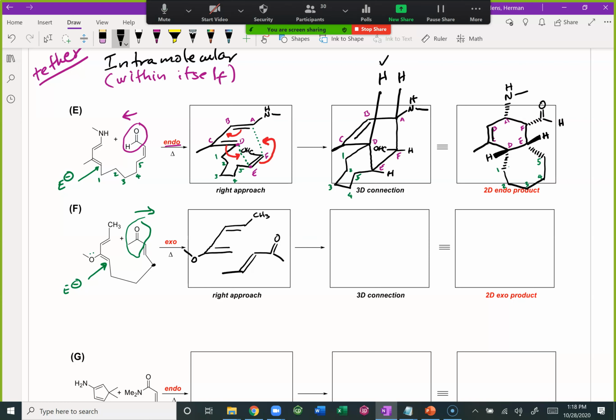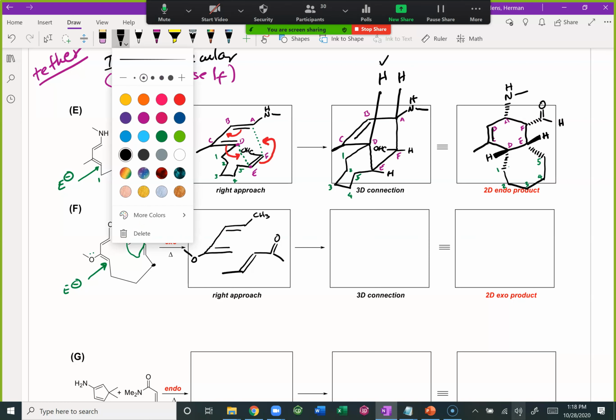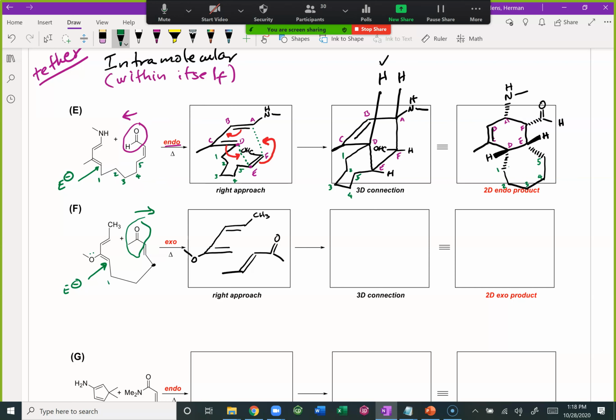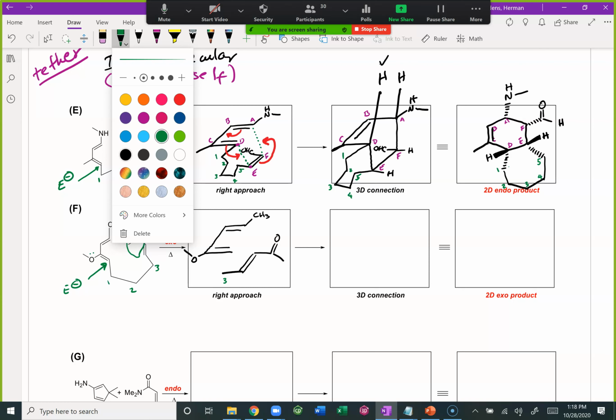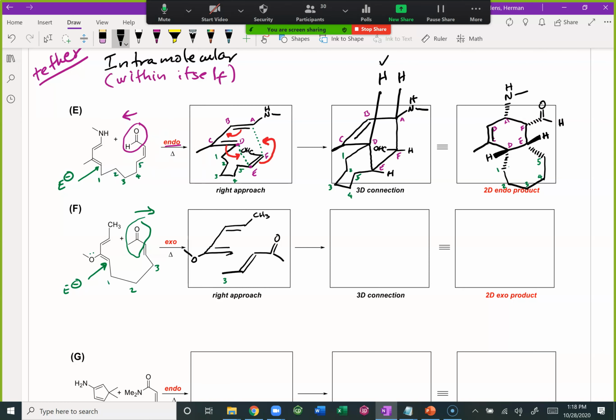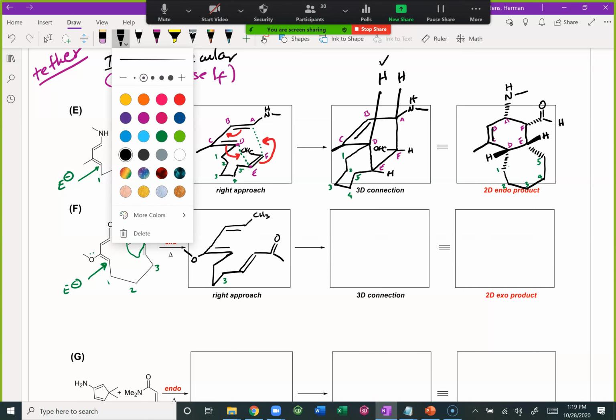All right. So let's label those carbons again as 1, 2, and 3. This is 3. 1 will be coming out here, and then 2 will be in between those two. So I just simply make it look like the footrest on a cyclohexane chair. That's how I would do it.